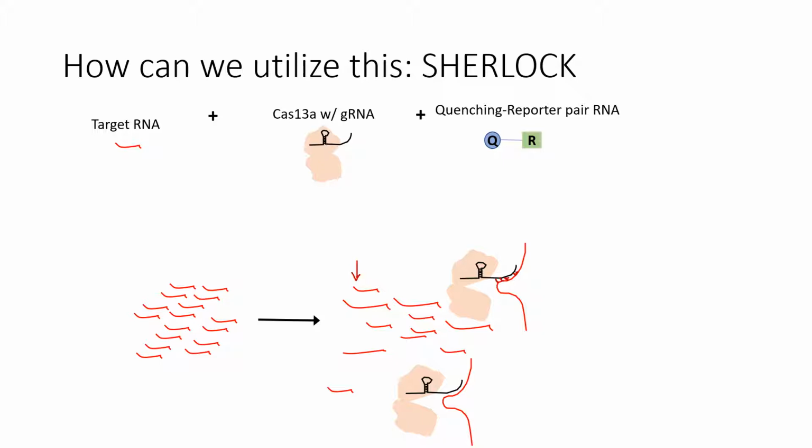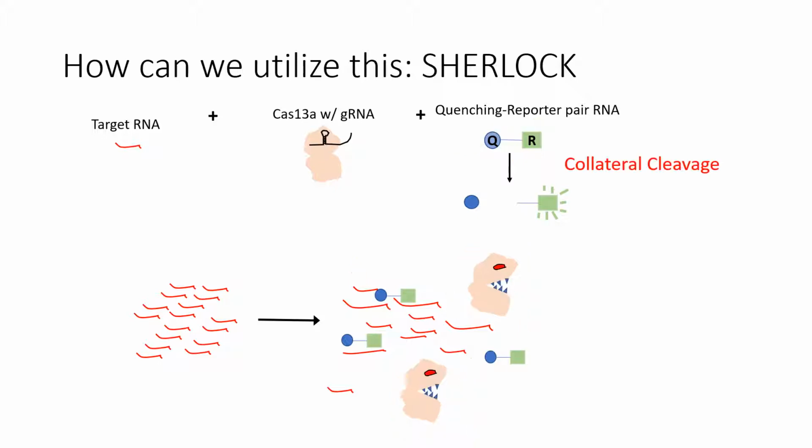What's interesting is that this quenching region is actually inhibiting the reporter from fluorescing. As long as this RNA is intact, it's not going to fluoresce. But when it's cut, it will fluoresce, and we will be able to visibly see this.